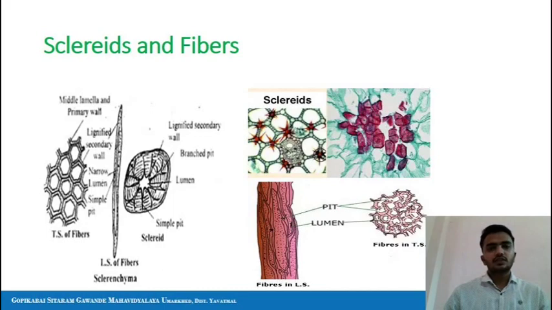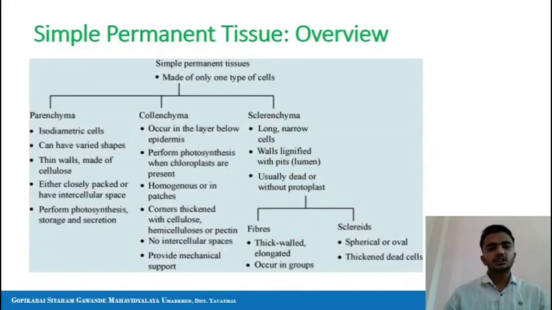Then this is the overview of simple permanent tissue that we have seen right now. That is, simple permanent tissue is of three types: parenchyma, collenchyma and sclerenchyma, and these are the features of these simple permanent tissues.